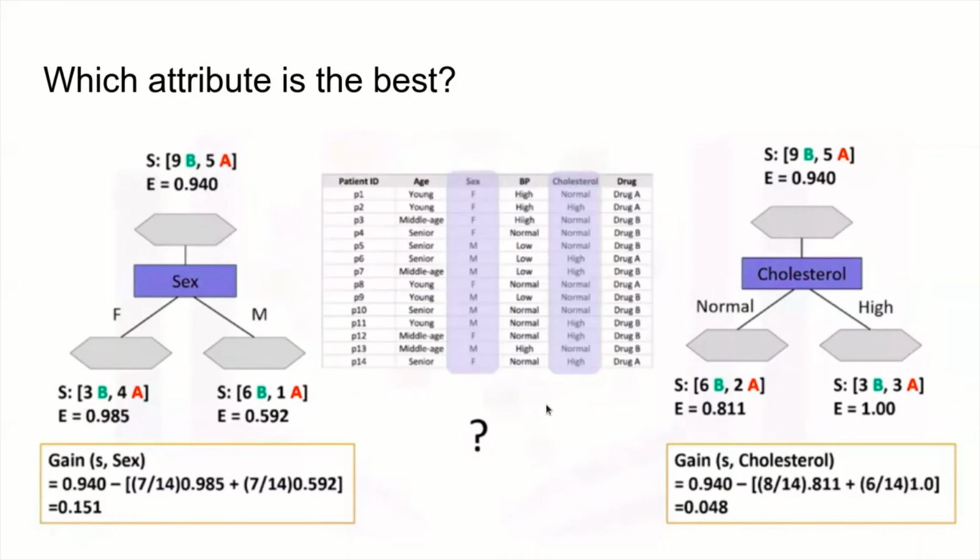So we take into consideration the number of instances in the data, and that will be a score of how much importance we are going to give to the entropy of that partition.